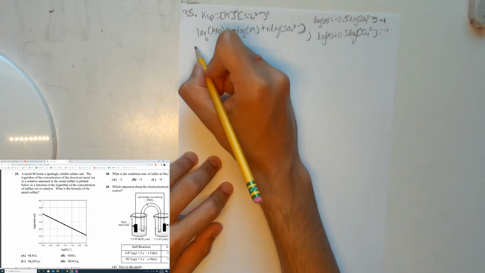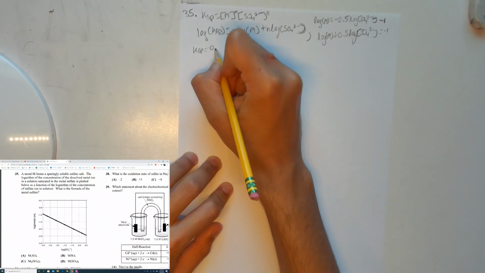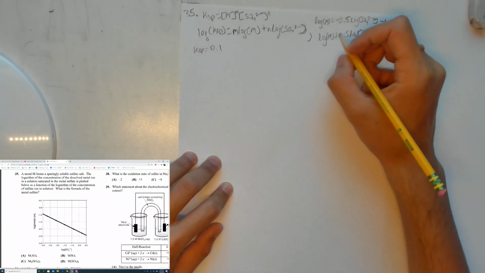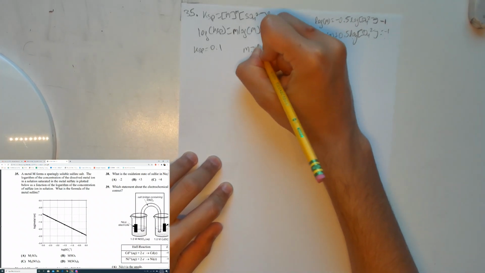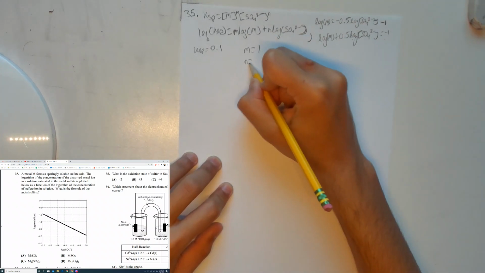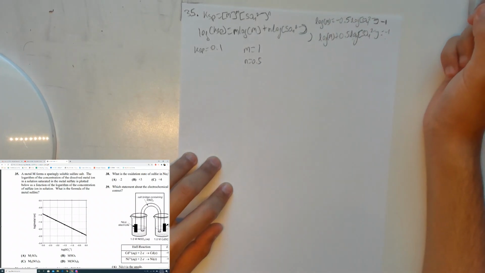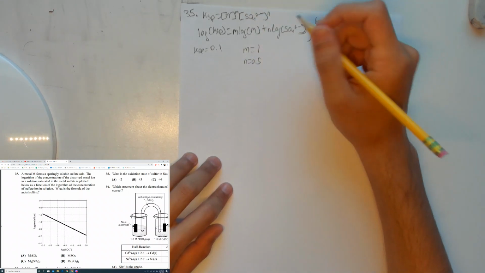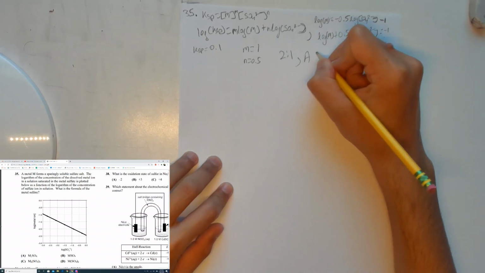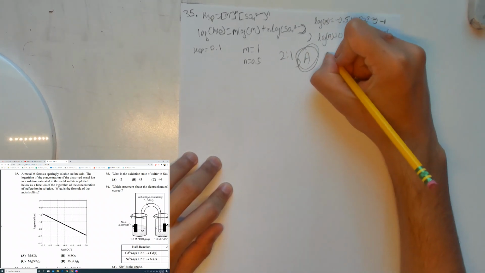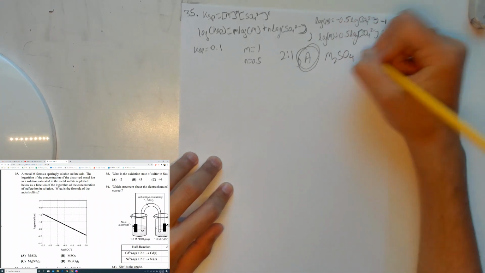So then the KSP will be equal to around 0.1. And if you take a look at this, the m is equal to 1 and the n is equal to 0.5. That means the ratio of m to SO24 is 2 to 1. And I got A, or m to SO4.